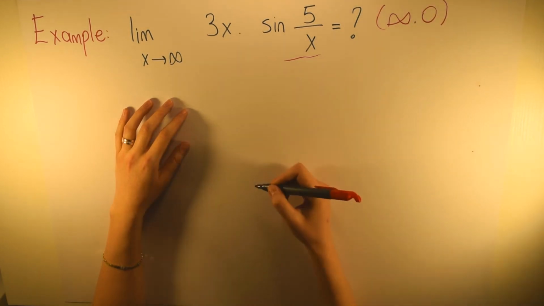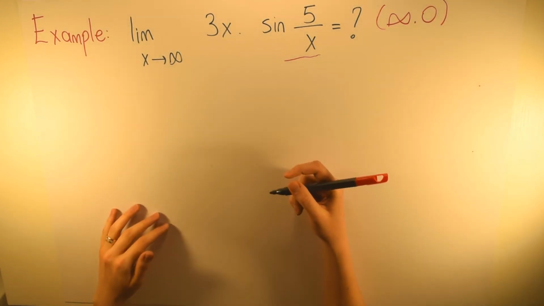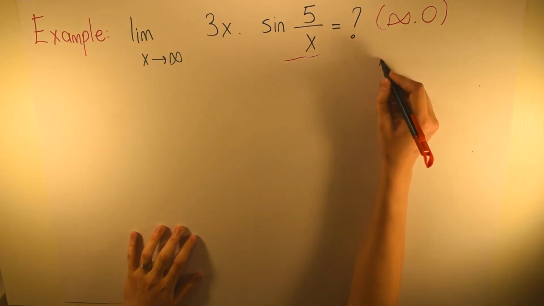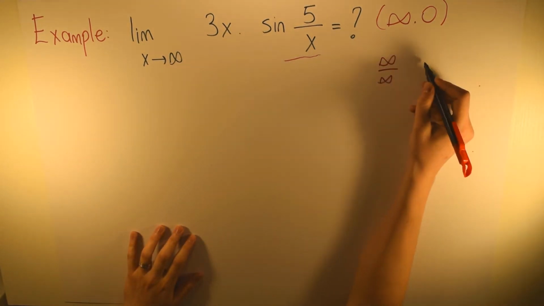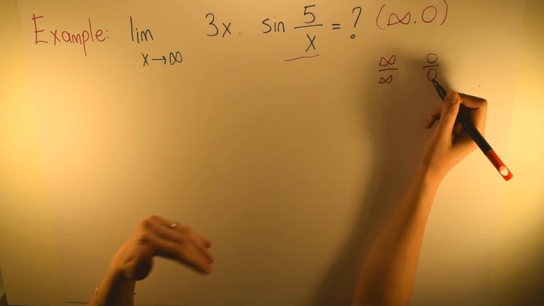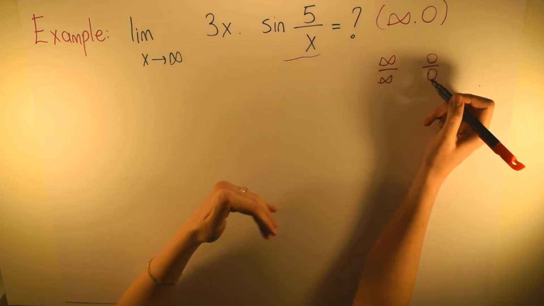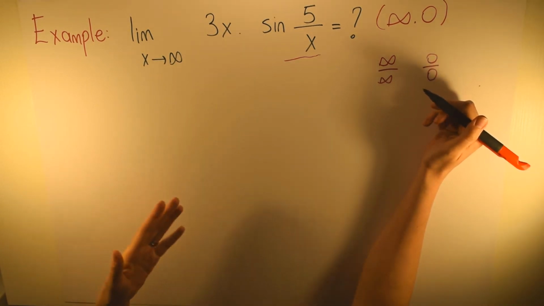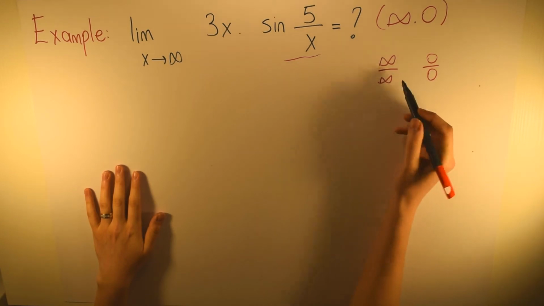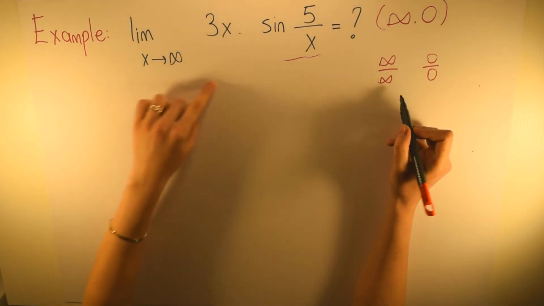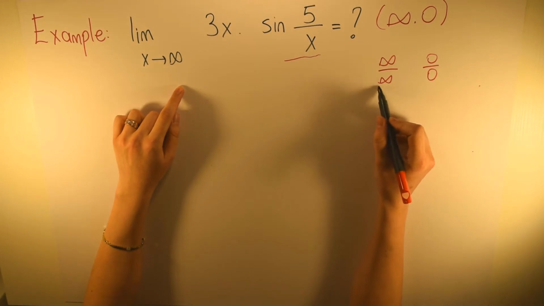But to apply L'Hopital's rule, you should have fractions like infinity over infinity or 0 over 0, because you will take the derivative of the numerator and the derivative of the denominator separately, and then you will be able to find the solution. So how can I rewrite this expression to get a fraction like this?